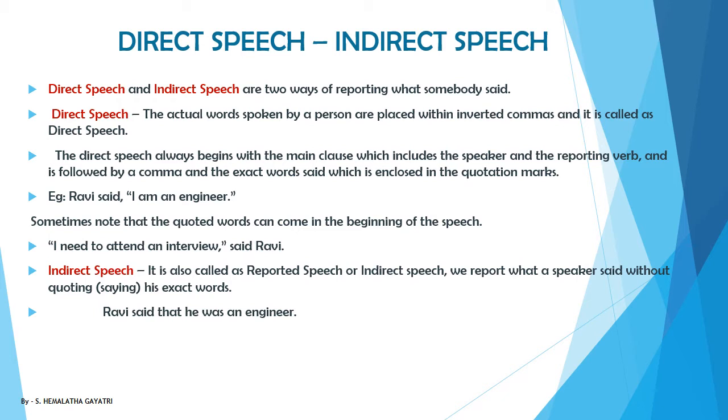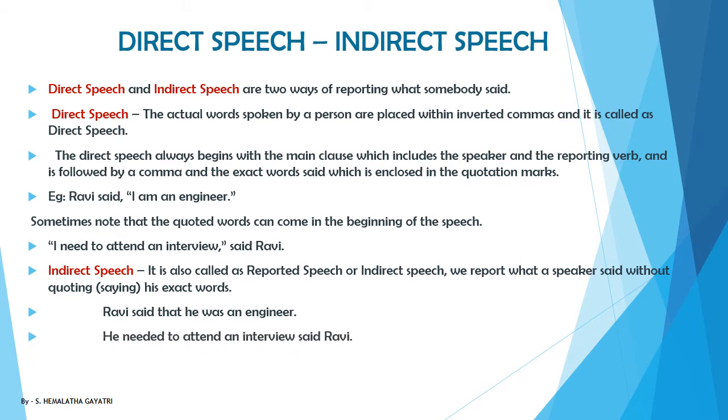So you are changing even the pronoun according to the subject and you are changing the tense. The tense will always change to past tense in the indirect speech. So "Ravi said, I am an engineer" is a direct speech sentence, for which "Ravi said that he was an engineer" is an indirect speech sentence.